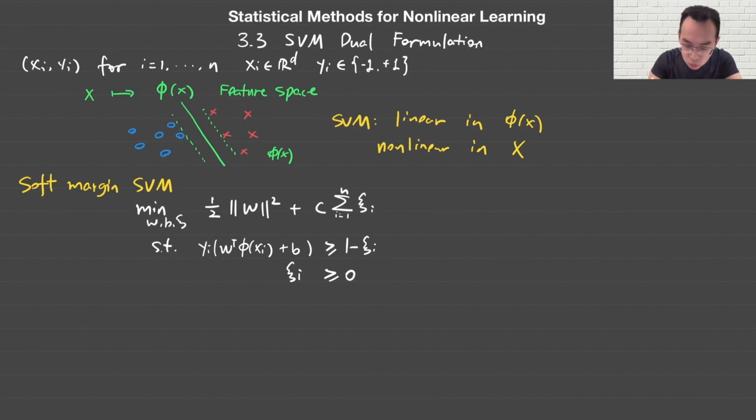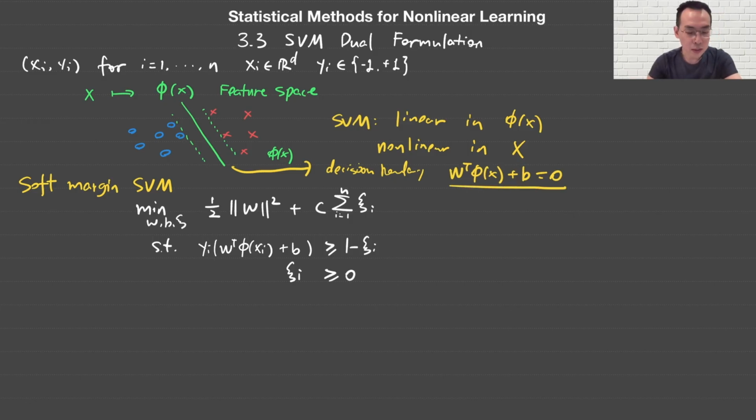And here I should also emphasize that this decision boundary is linear. So that means the decision boundary can be written as a linear function of the feature space, phi of x. So that is the form of the decision boundary, and this equals 0.